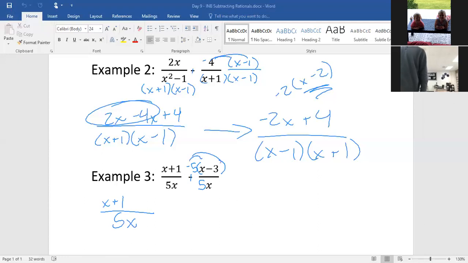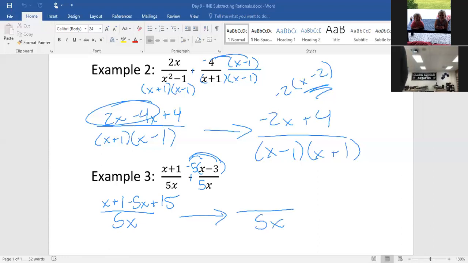Now I've got to distribute my negative 5 times x, which is negative 5x. Negative 5 times negative 3 is plus 15. Combine my like terms in the numerator. I get negative 4x, and 1 plus 15 makes 16.